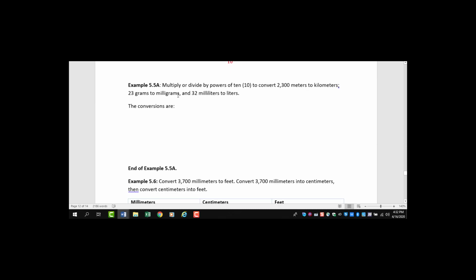Okay, here's our example. Multiply or divide by powers of 10. Convert 2,300 meters to kilometers, 23 grams to milligrams, and 32 milliliters to liters. So here are the conversions. 1 kilometer equals 1,000 meters.